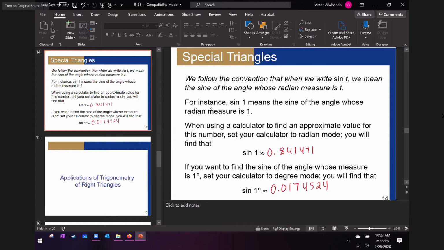So be careful whether your calculator is in radian or degree mode. Sine of 1 radian gives 0.84, but sine of 1 degree gives about 0.017. This just illustrates the difference between radians and degrees when you plug them into your calculator.